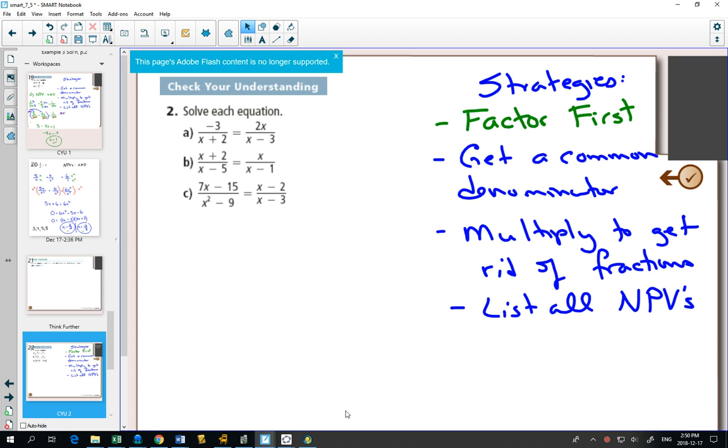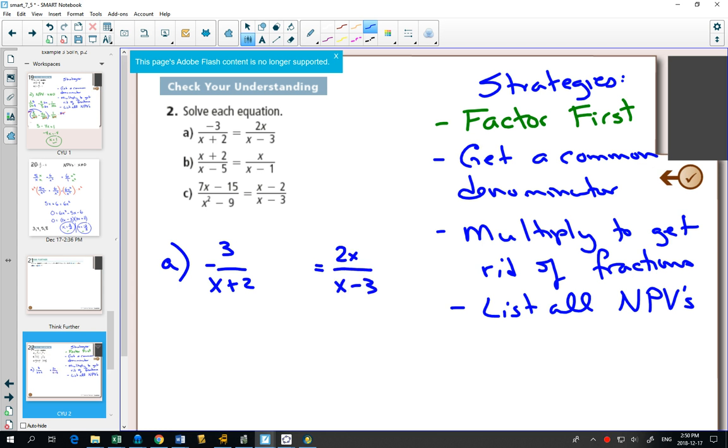So part A. We have negative 3 over x plus 2. I'm going to leave some space beside that. And 2x over x minus 3. We need to get a common denominator here if we're going to use the same strategy that we did from before.